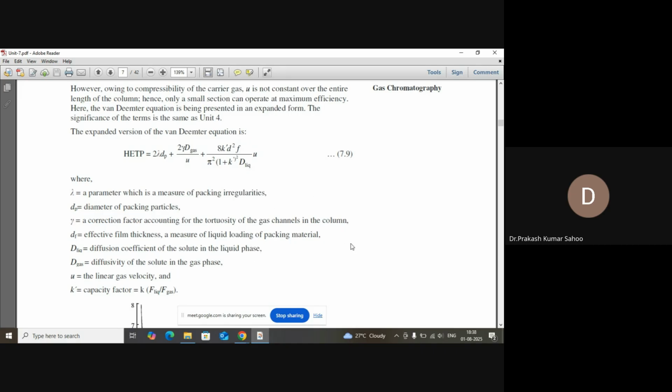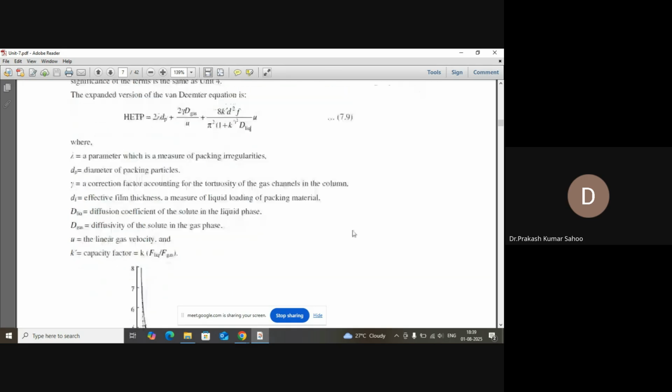Df is the effective film thickness, a measure of liquid loading of packing materials, followed by D liquid, the diffusion coefficient of the solute in the liquid phase, D gas, the diffusion of the solute in the gaseous phase, u is the linear gas velocity, and k dash is the capacity factor, which is equal to F liquid by F gas.